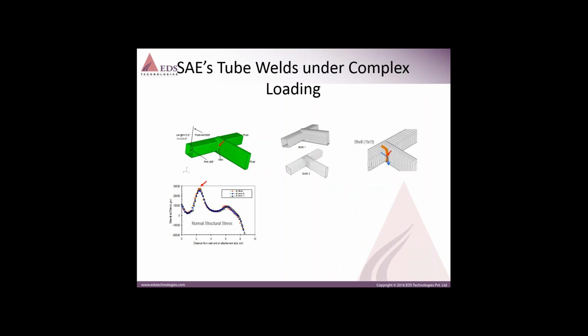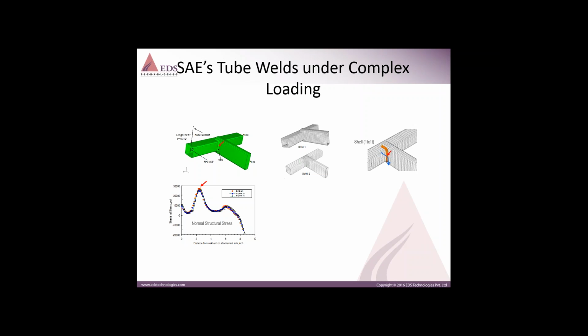So let us take one more example. This is the SAE Weld Challenge 1 example. The tubes are welded together, and a load is applied at a certain distance from the center of the tube. Okay, and it will cause a bending moment type of load. If we try to find the location of the crack, we are using three different types of models here, again, two with solid meshing and one with shell meshing.